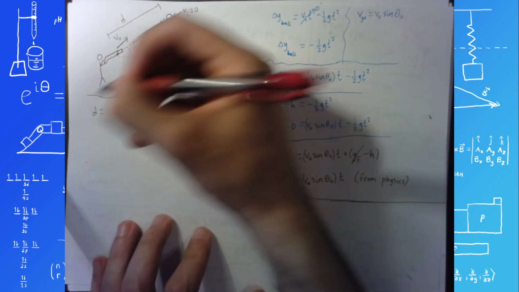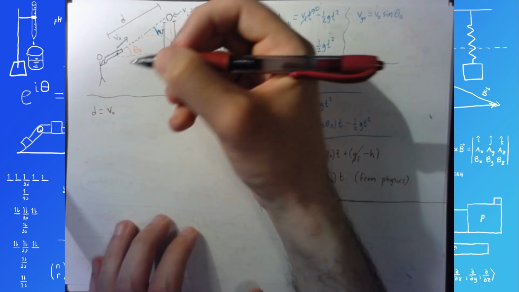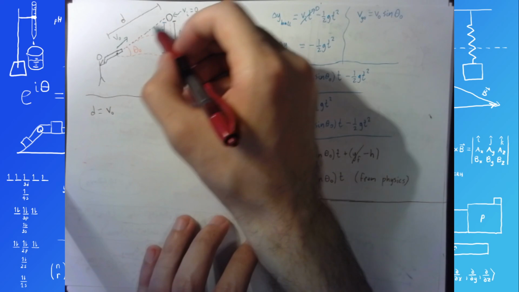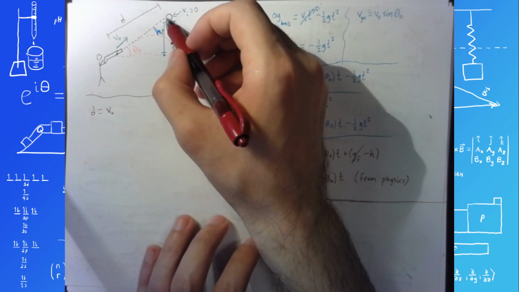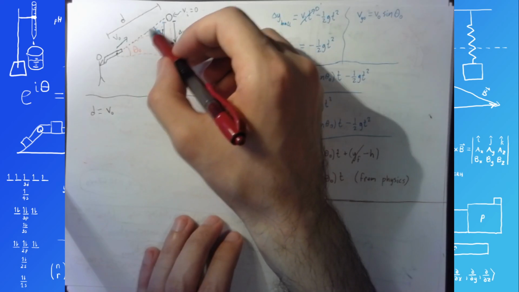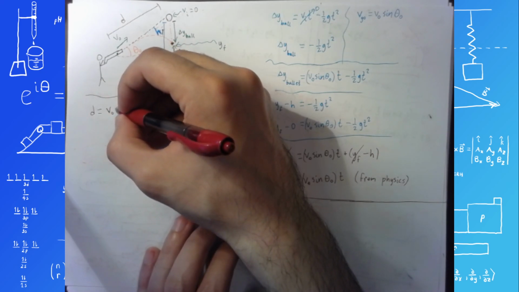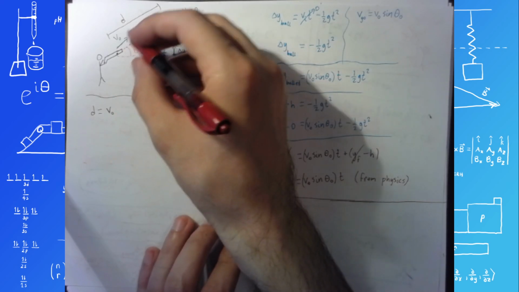So d is equal to what? If the bullet had just moved straight here, it doesn't, but if it did, it would travel this distance d. So I'm going to act as if the bullet moved in a straight line just to calculate what d is.